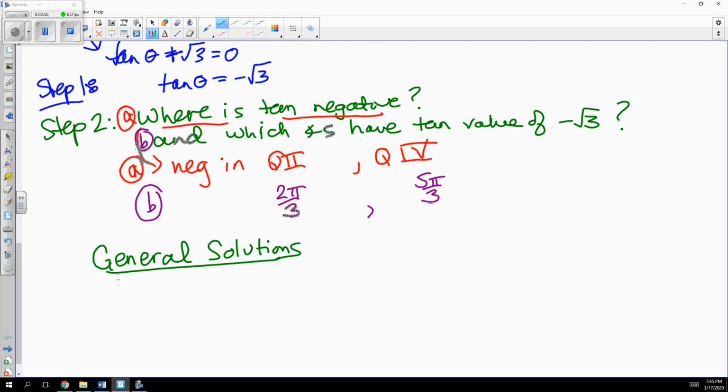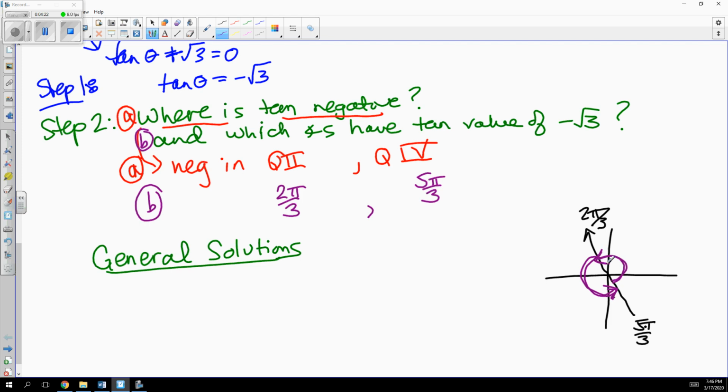Think about where 2 pi over 3 lies in quadrant 2, right here, and where 5 pi over 3 lies in quadrant 4, right here. Then think about whether you can add a constant value to get from 2 pi over 3 to 5 pi over 3, and then back again, over and over and over again.